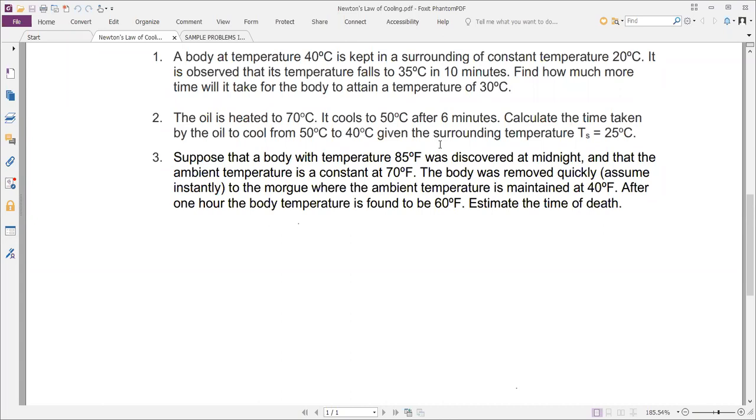That way you will have a clearer understanding of what particular values you will use, because the problems in the general reference book that we are using in DE, which is Elementary Differential Equations by Love and Rainville, are not as simple as this always. These problems are challenging because there is usually a transfer of the object from one surrounding to another. So how will you process this kind of problem? So this is how you do it.